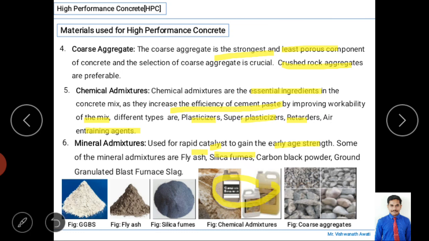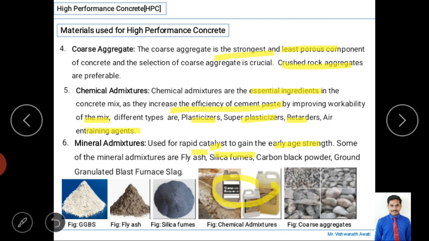Next we are using GGBS, ground granulated blast furnace slag. In short it is called GGBS. GGBS is a byproduct or waste generated from steel manufacturing, right? Here also it has a disposal problem, so we reduce the disposal problem, and we make the concrete more economical, with less cost.